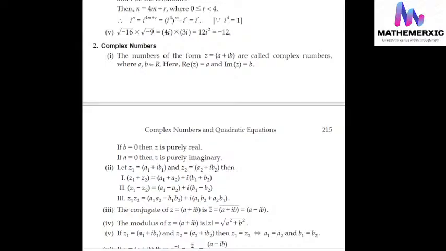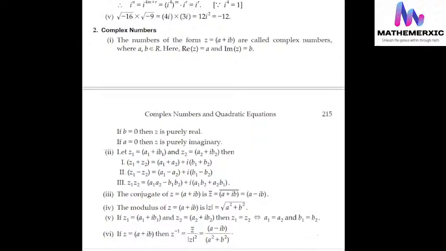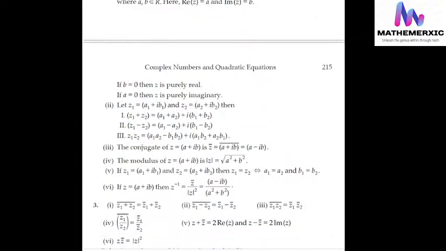Z1 is a1 plus ib1, and z2 is a2 plus ib2. Then z1 plus z2 is the addition of both the real parts, that is a1 plus a2, plus i times b1 plus b2. Z1 minus z2 is equal to a1 minus a2 plus i times b1 minus b2.